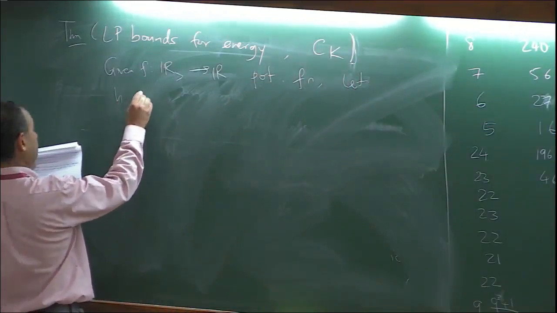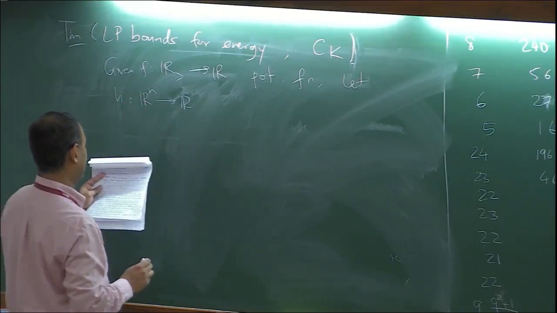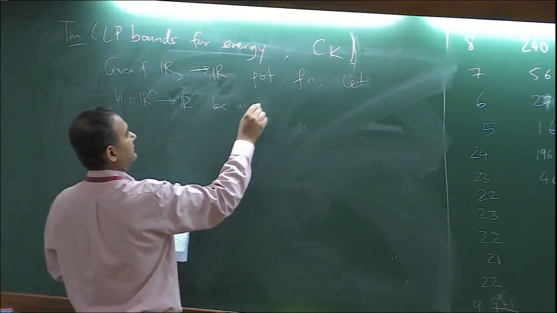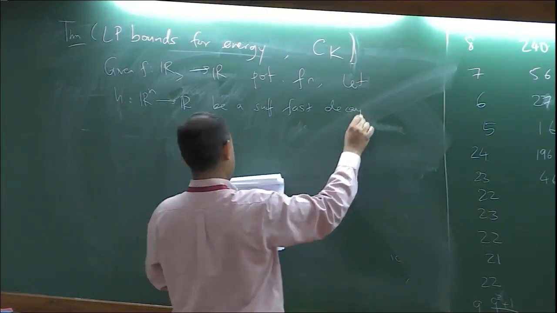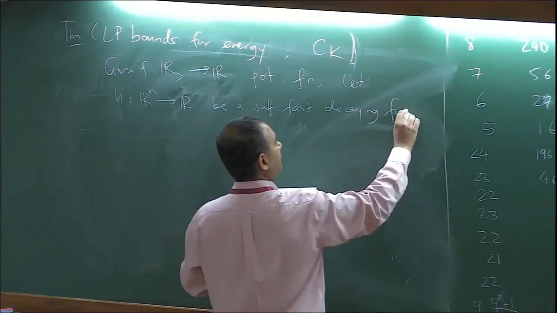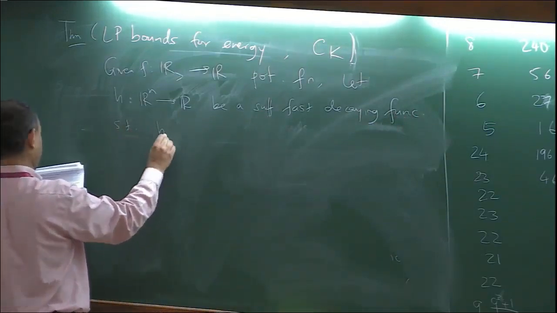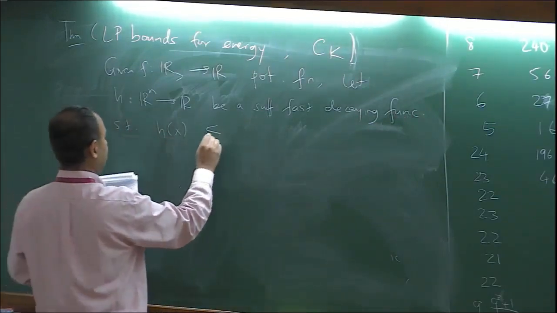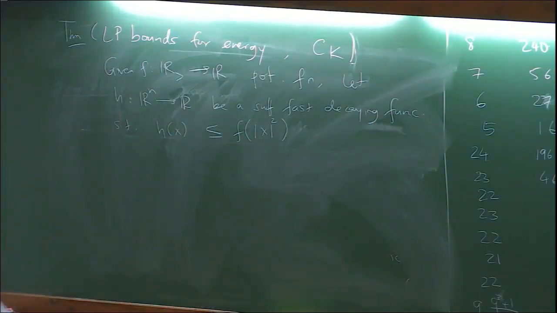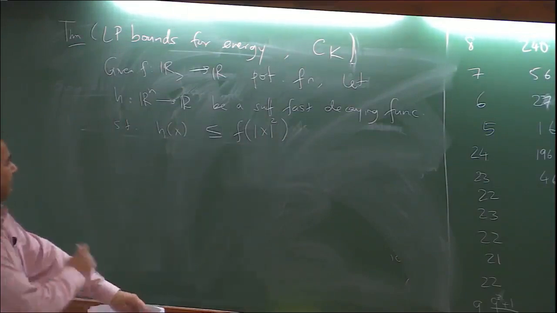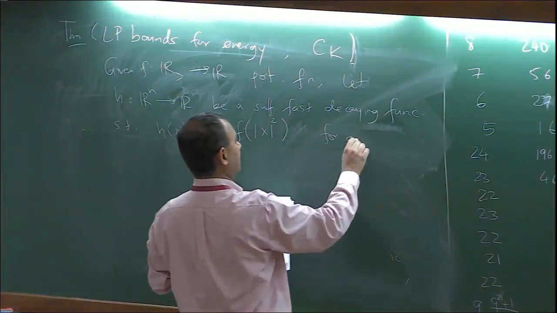So let h from R into R be a sufficiently fast decaying real valued function such that h of x is less than or equal to f of the squared norm of x for all x.